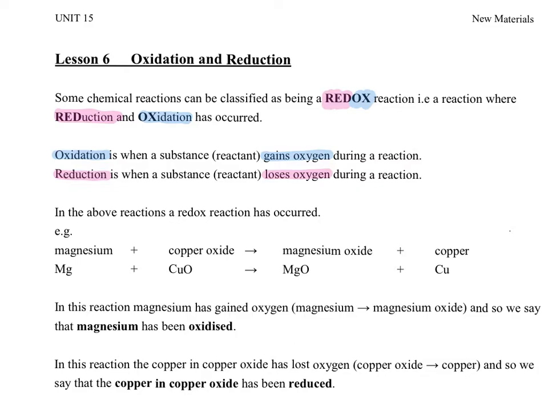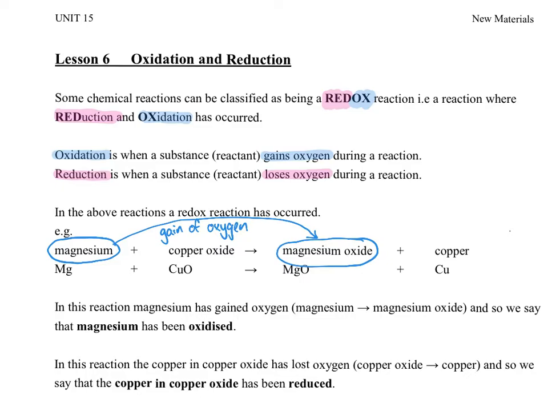So let's have a look at what happens to each individual reactant. If we start with magnesium, we see that magnesium has changed to, on the right-hand side, magnesium oxide. What do you think it's done in terms of gain or loss of oxygen? Well, we can see that the magnesium has gained oxygen. So what type of reaction do you think that is? Do you think it's reduction or oxidation?